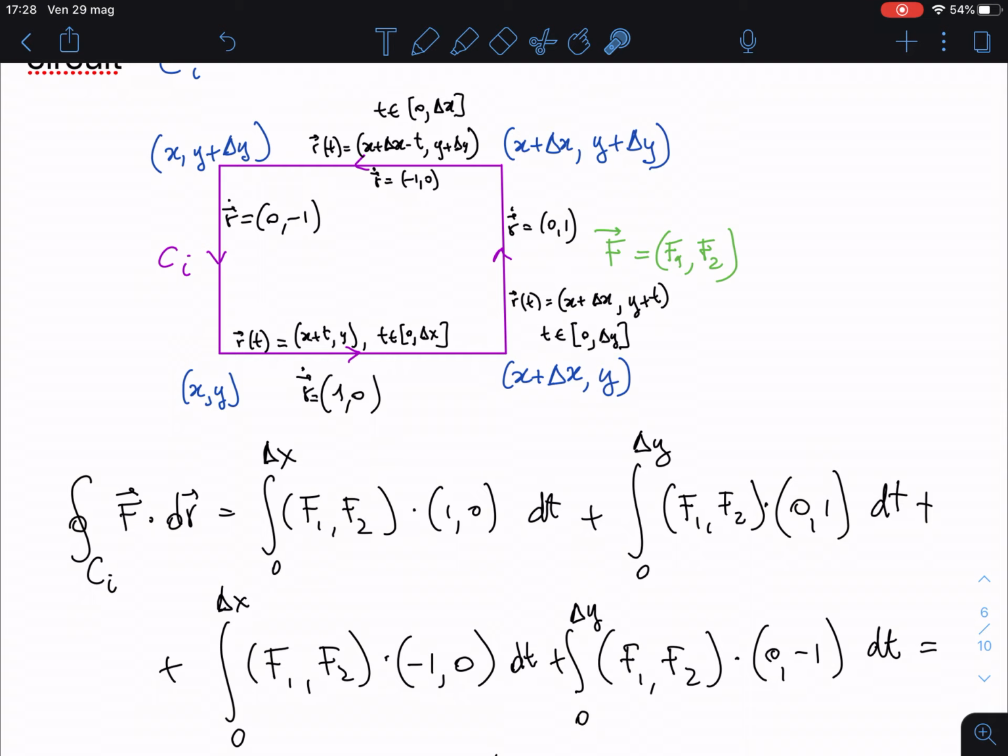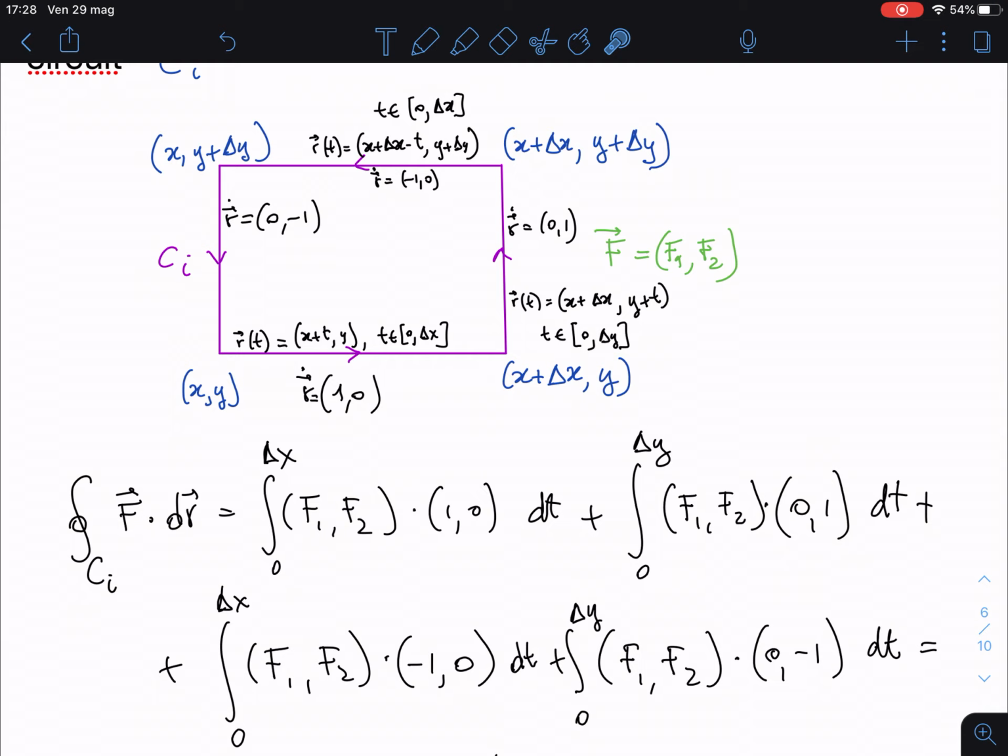Second term, the second side, and we have t that goes from 0 to delta y. And now the velocity of the point that follows our parameterization of this side is (0, 1). And this is why we have here the second term like this, like (0, 1).